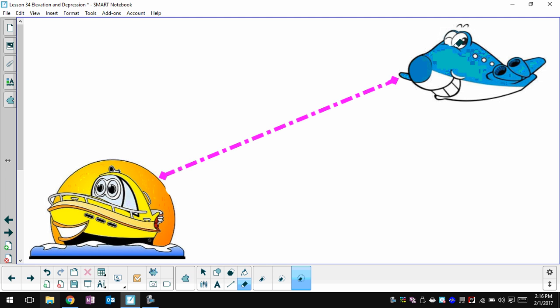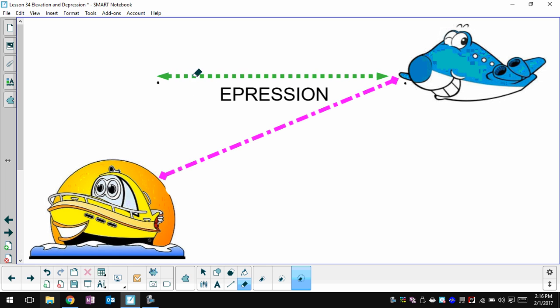If I have this goofy little airplane up in the sky and this goofy little boat in the water, if you're up in the airplane and you're looking down along this pink line towards the boat, and then you look straight out, straight ahead, these two sight lines create what we call an angle of depression.